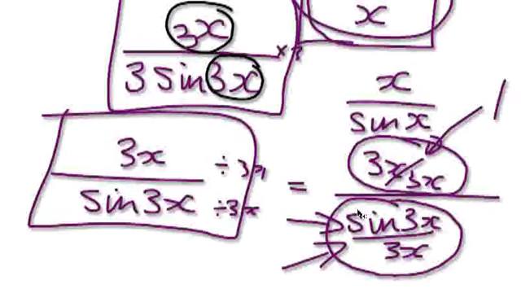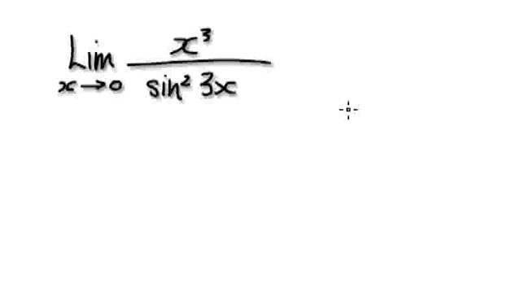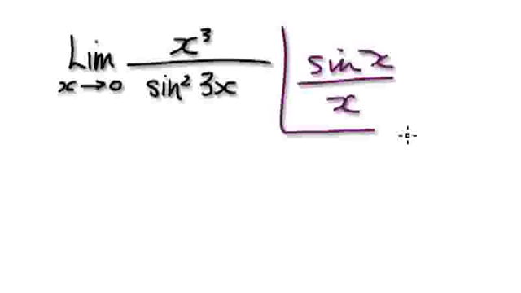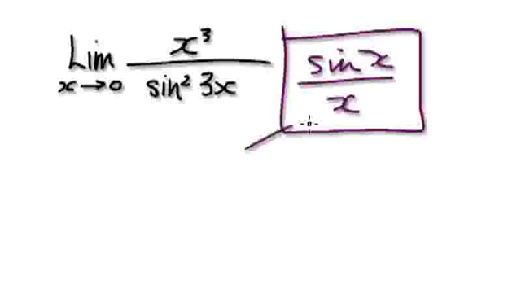My point is that normally I would tell you to keep an eye out for sine x over x. You constantly have to keep your eye out for this. But now you've got a situation where you've got x over sine of x.